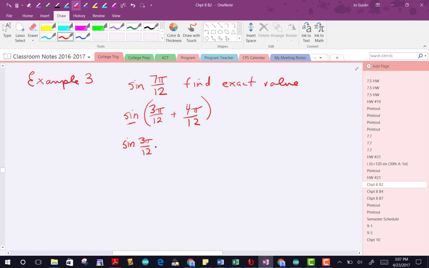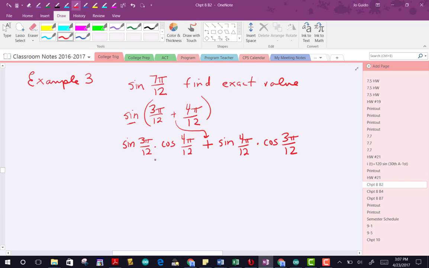All right, so if we simplify this, 3 pi over 12 is pi over 4. So the sine of that's going to be square root 2 over 2. The cosine of 4 pi over 12 reduces to pi over 3. So the cosine of pi over 3 is a half.